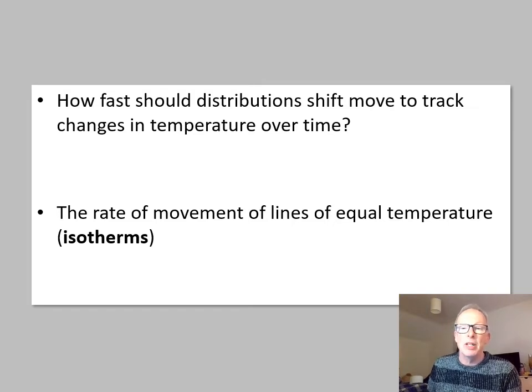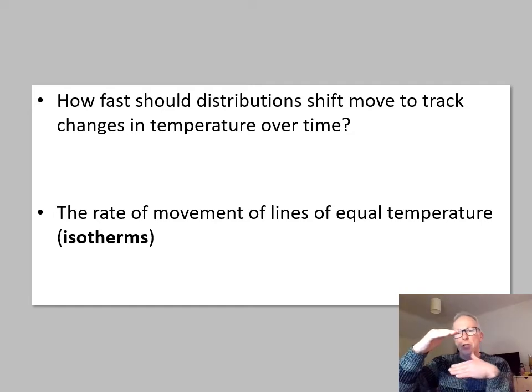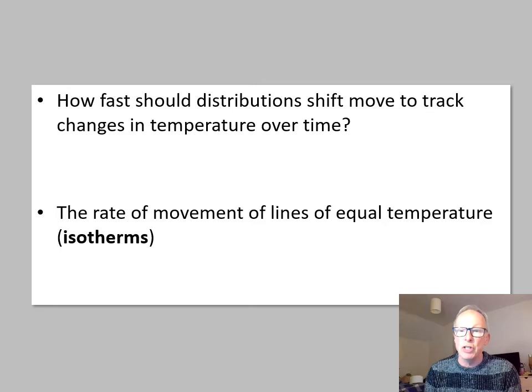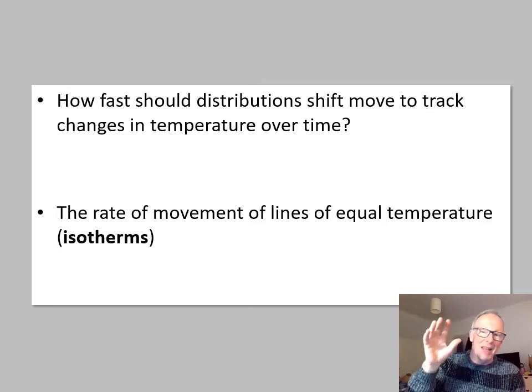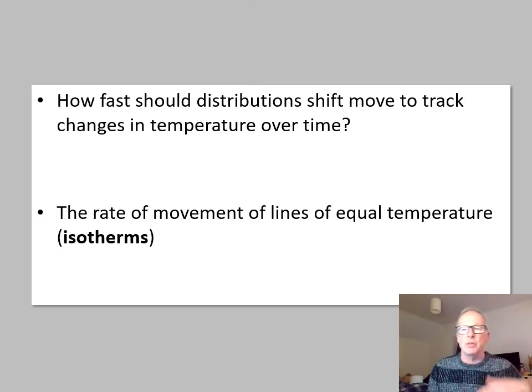If temperatures limit the edges of the distribution ranges of the species, so if those isotherms shift, the species should shift with them. If they're able to colonize new places which are newly warm enough at the leading edge of the distribution range, and they're being removed by extreme events or an inability to cope at the warm edge of the distribution range.